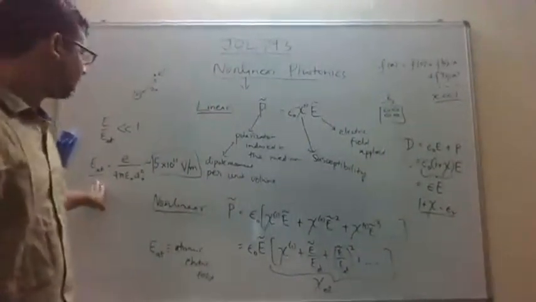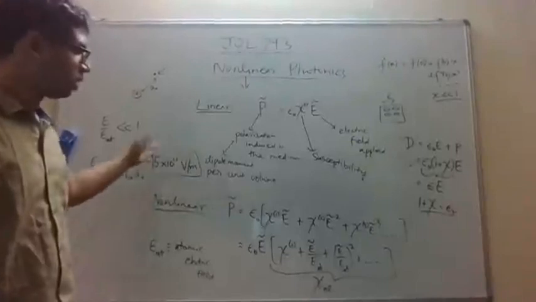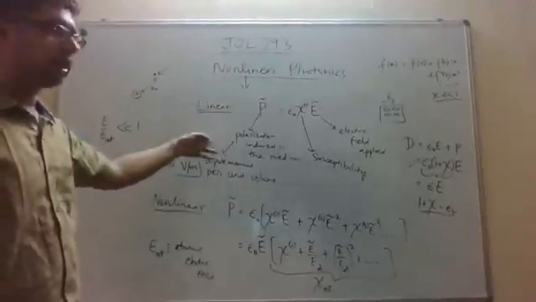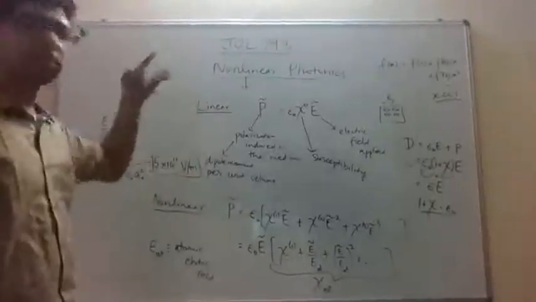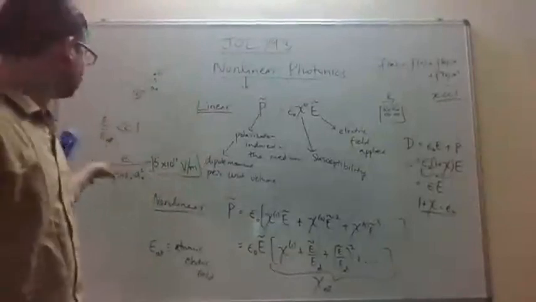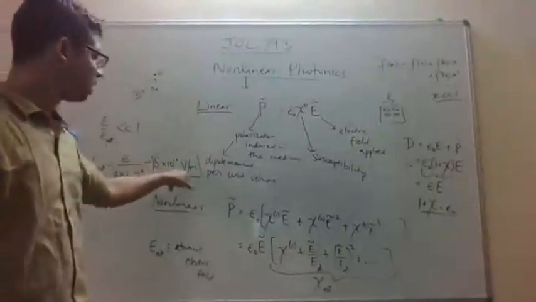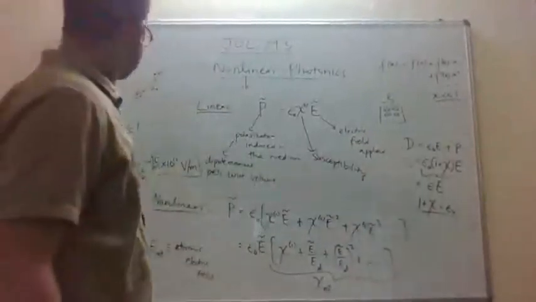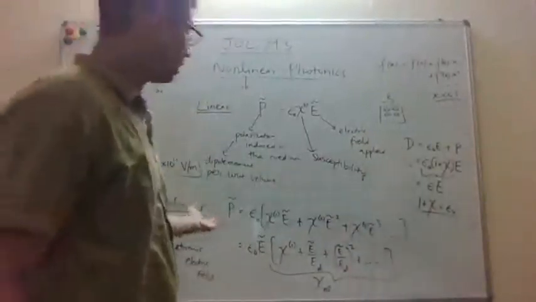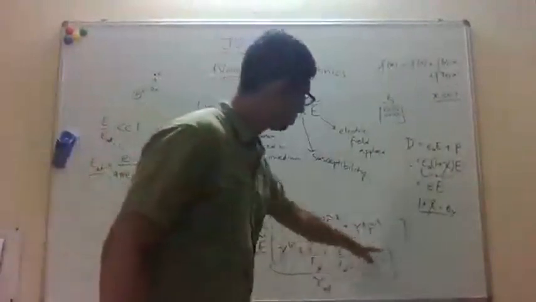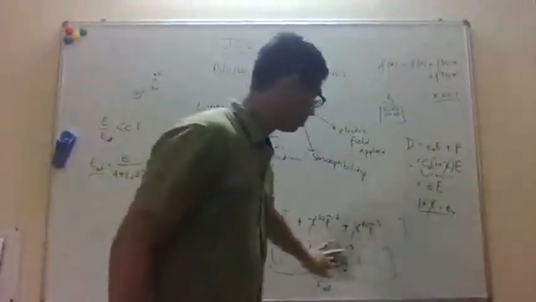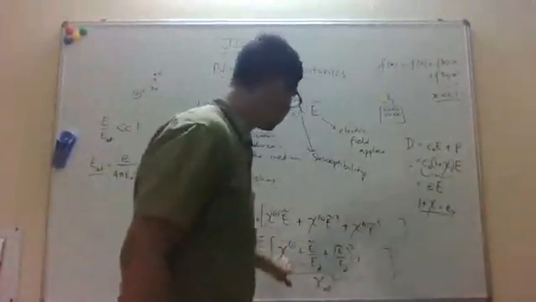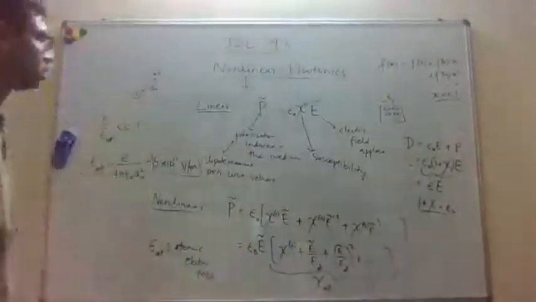Okay, so as long as the laser fields or any optical fields that are applied to the medium, the electric field corresponding to that electromagnetic wave has amplitude much smaller than this, then this is valid, right? And in most cases, this E is actually so small that these are actually negligible, right? And you can neglect all of this, just the linear term.